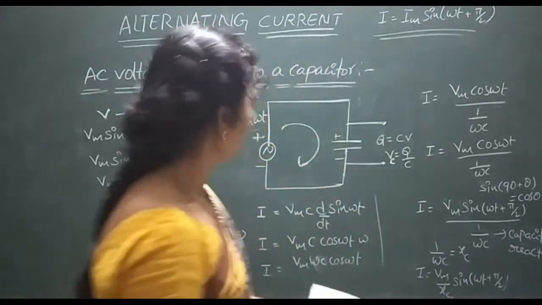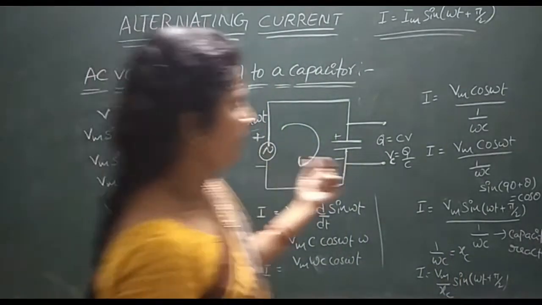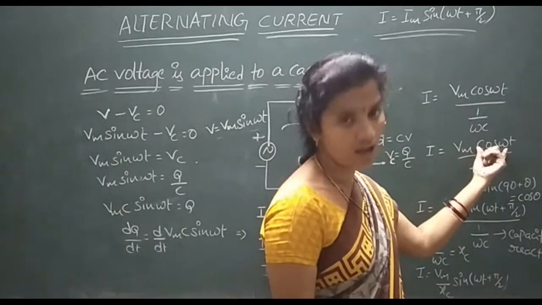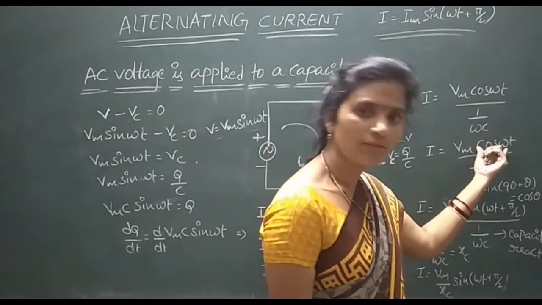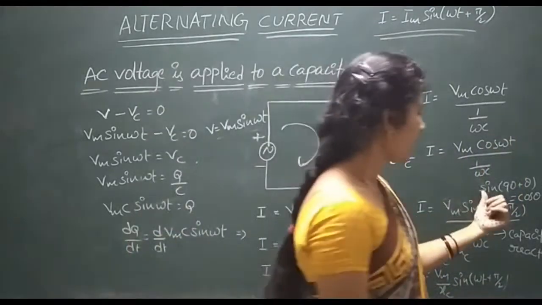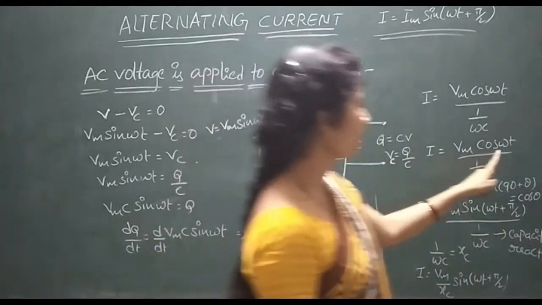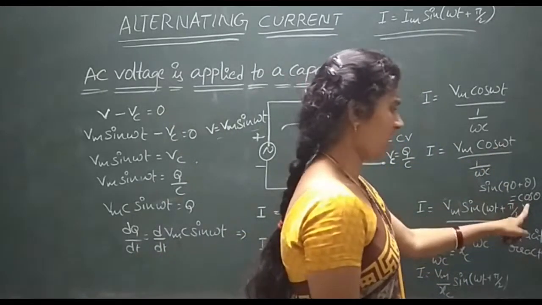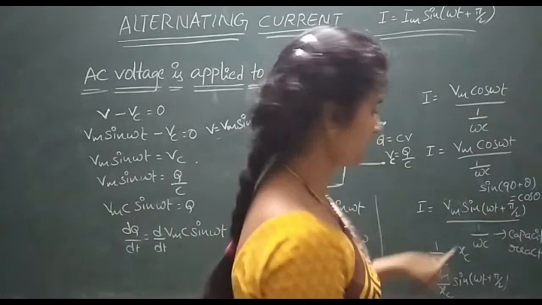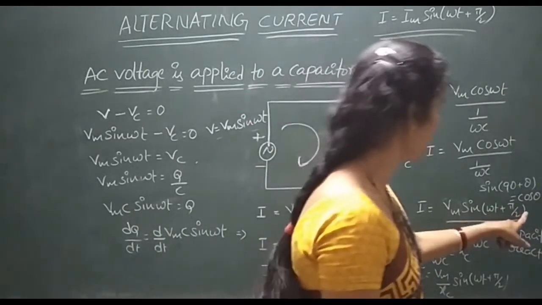We know that here voltage is in terms of sine and current is in terms of cos. So we have to convert cos into sine. Sin(90 plus theta) is nothing but cos theta. So 90 plus theta is omega t plus pi by 2.